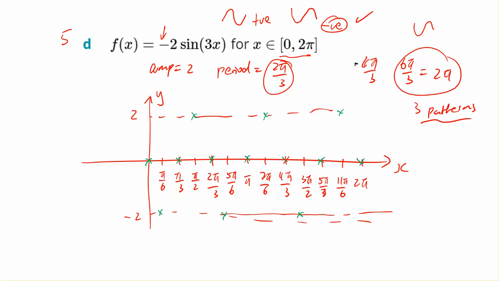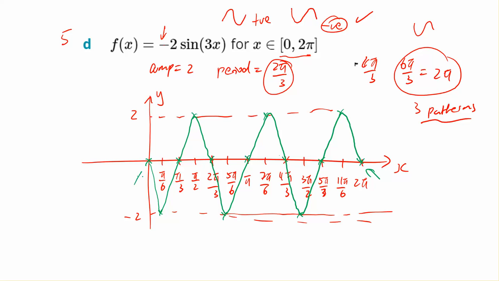Okay, so it's going to look like this. And there are no endpoints. Well, there are, but it's already labeled. And you just have to make sure you label your intercepts. So intercepts labeled, tick, tick, tick, and your graph is done.